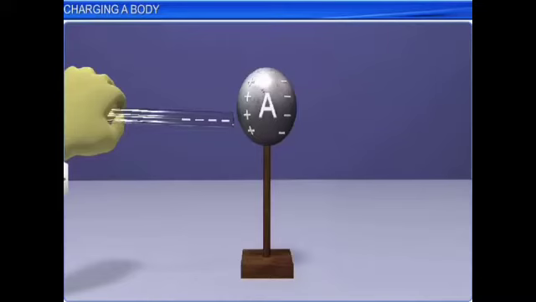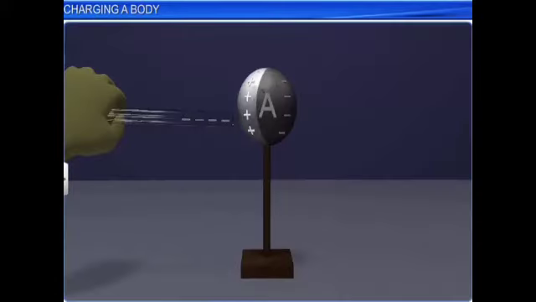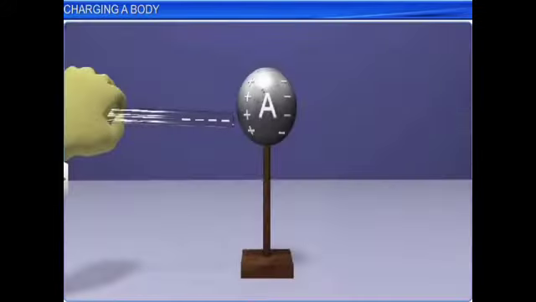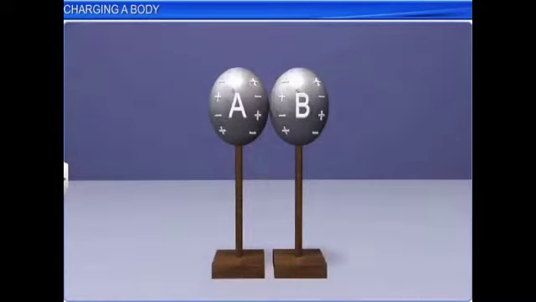In the method of charging by induction, we observe that the induced charge is always equal to the inducing charge for a conductor. Now, we keep two metal spheres, A and B, supported on insulated stands, in contact with each other.